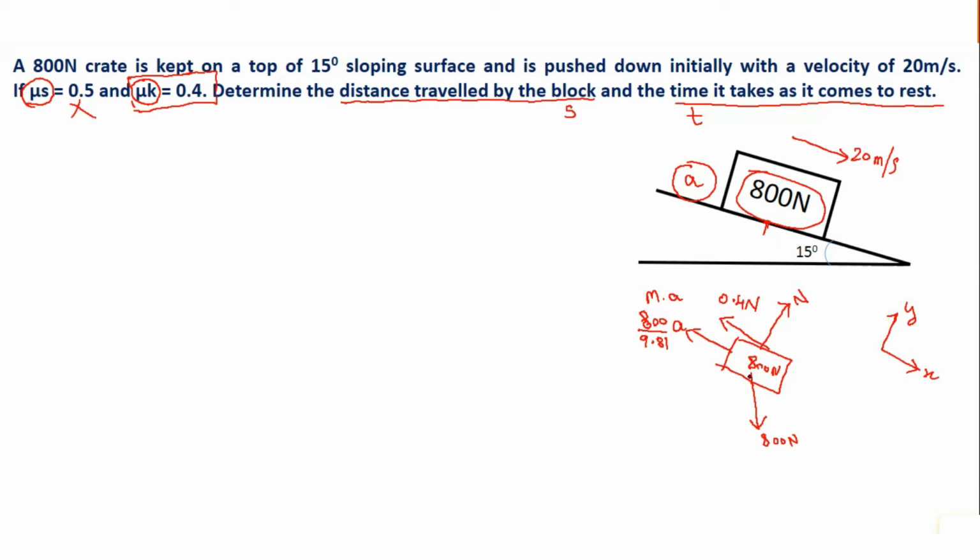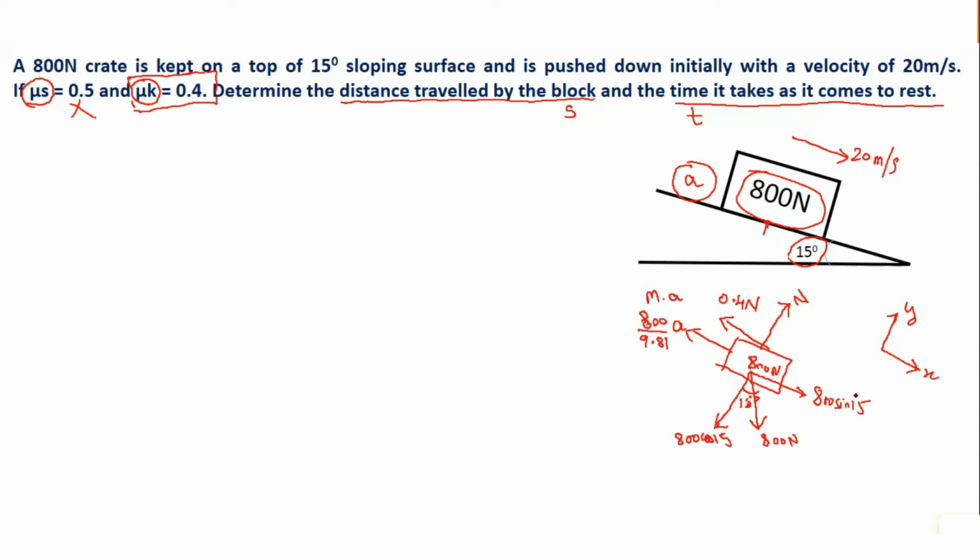So I will resolve it into two components. The first component will be along this direction x, and the other along this direction y. The angle given to us is 15 degrees, so this angle will also be 15 degrees as per geometry. Now if this is 15, this will become 800 cos 15, and this component will become 800 sin 15.